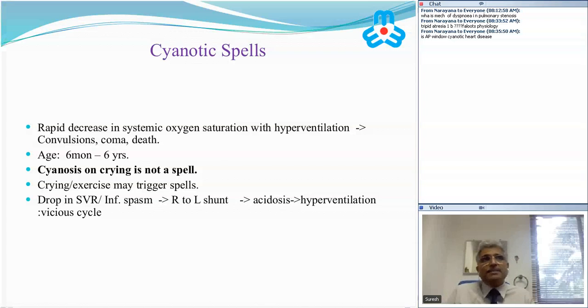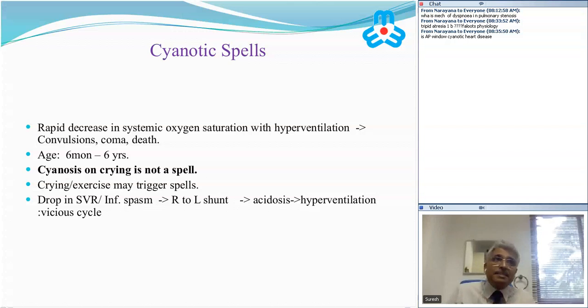Before your eyes, the saturation seems to drop from 60 or 70 to 10 or 20. This is accompanied by hyperventilation. And if you don't intervene urgently, the baby goes into convulsions, coma, or death because there is progressive cerebral hypoxia. So these two features, the progressive hypoxia and hyperventilation, would define a cyanotic spell.